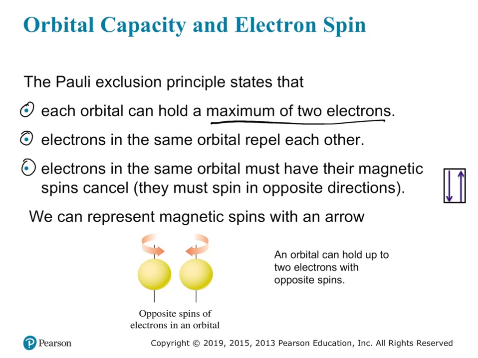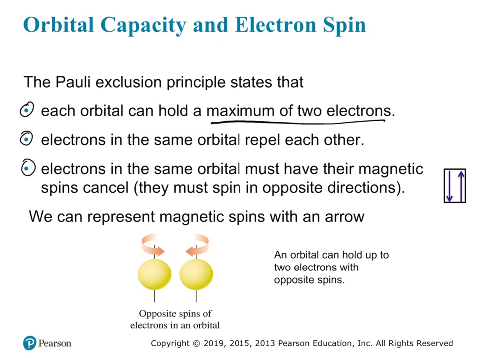So electrons, when they're moving around, they're also spinning, and they can spin clockwise or counterclockwise. So we would call that spin up or spin down. So we want a counterclockwise electron to be paired up with a clockwise electron, if that makes sense. This is also similar to magnets with north and south ends.